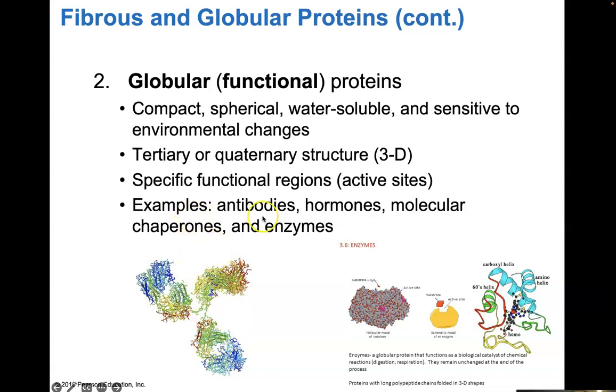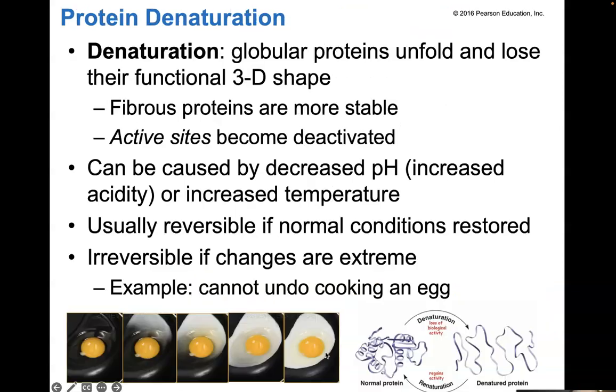So these are going to be things like antibodies, hormones, molecular chaperones, and especially enzymes. So our enzymes are a big globular protein. And because of that, they're typically going to have these really functional regions that we call active sites, okay, where they can bind substrates. So those are your globular proteins.